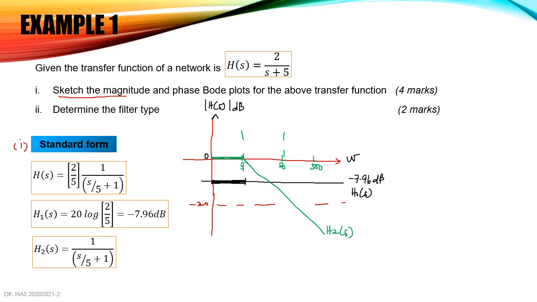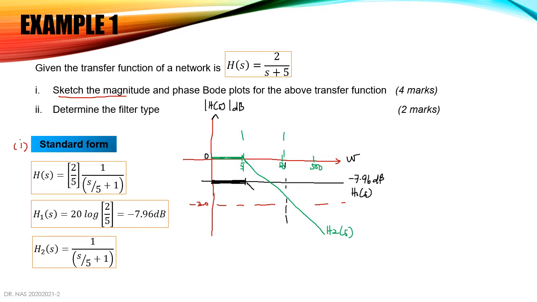So you can see that at this position at 50, so 7.96 minus about 20, so it's 27 or something.